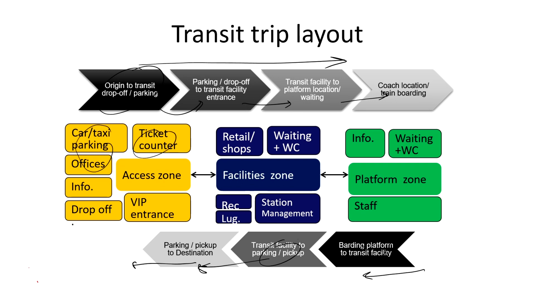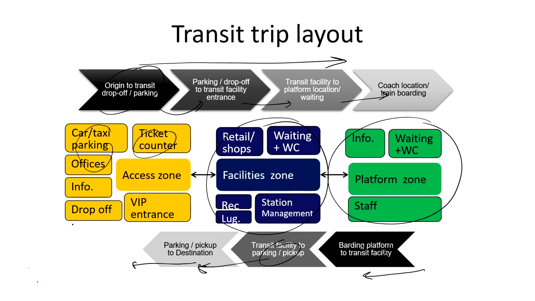And then there is a facility zone, which includes retail spaces, waiting areas and luggage facilities, which is this zone. And then the platform zone, which is where passengers embark and debark the train, which is the last zone, the green zone.